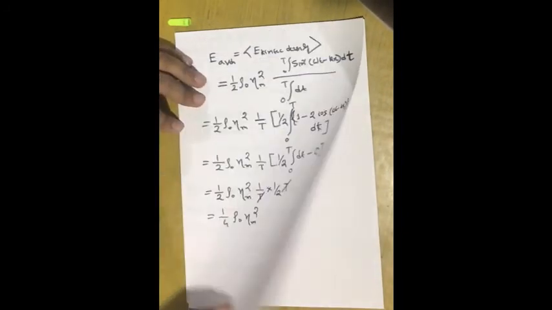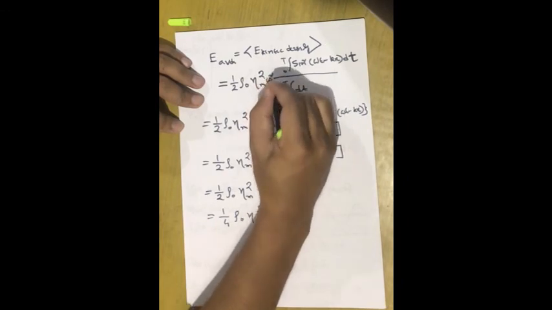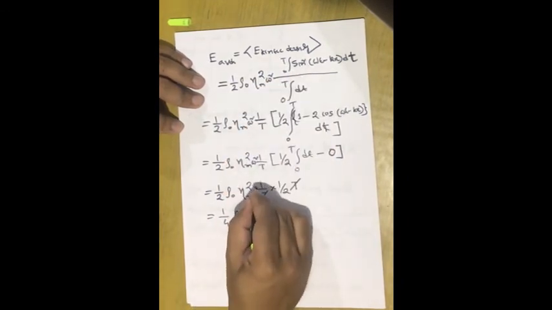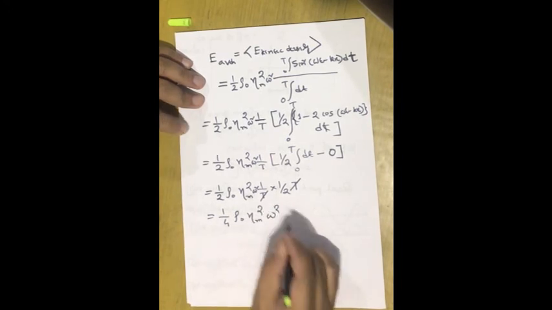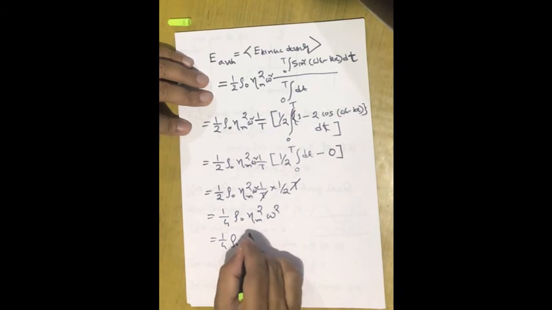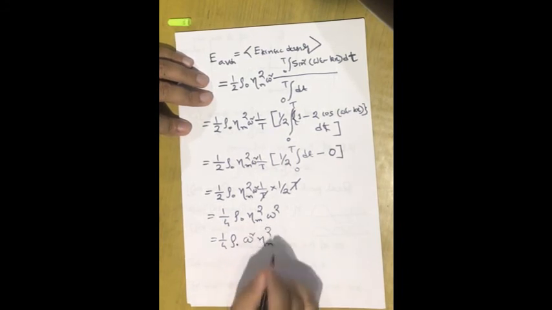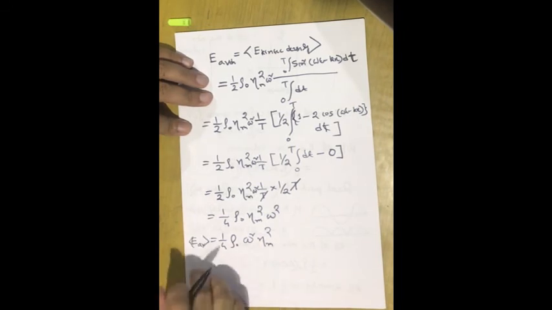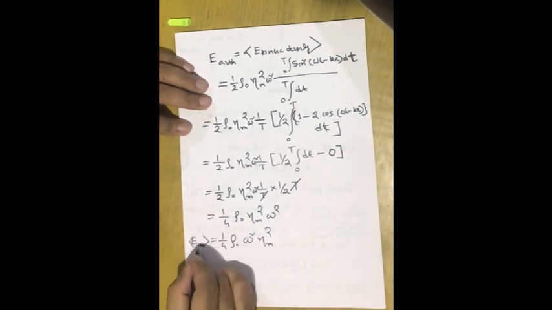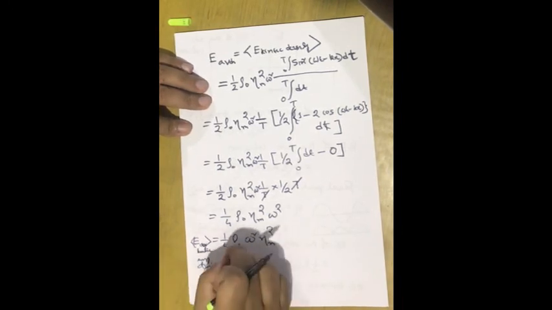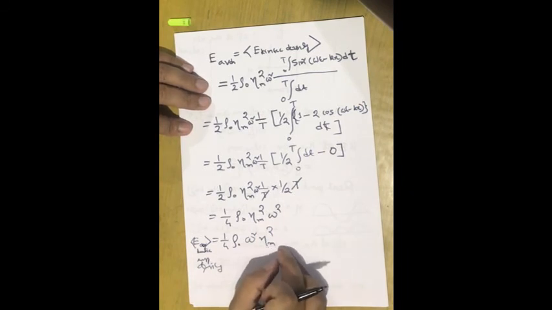I think there was an omega square; I forgot that quantity, so let's put omega square here. So this is the value of the average energy density, the average kinetic energy density, and this value is one fourth rho naught omega square into eta m square.